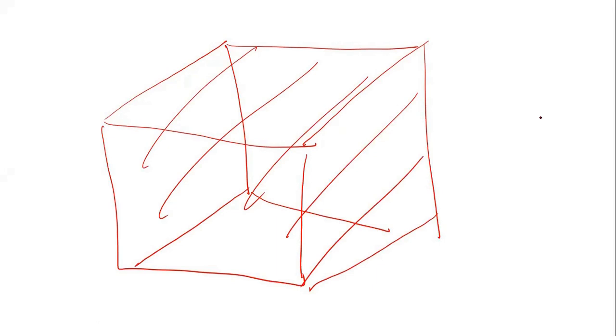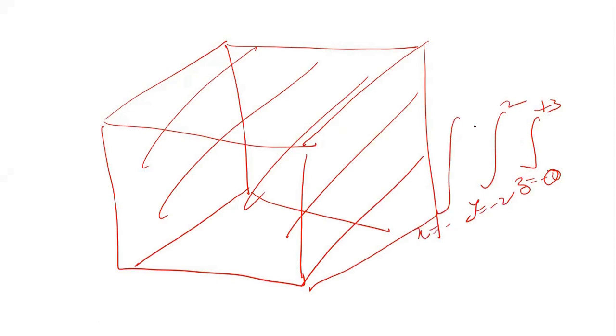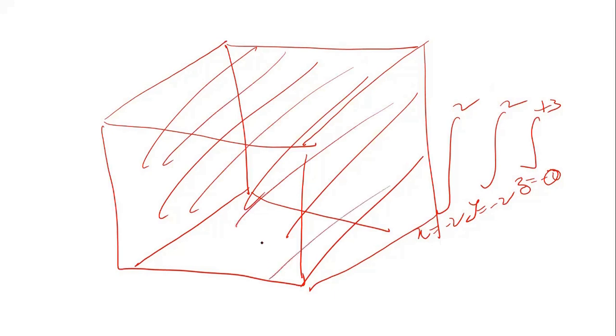So this is what we will achieve if you take the limit of z from 0 to +3, limit of y from -2 to +2, limit of x from -2 to +2. This is what we will achieve. So we will not be integrating over the volume enclosed by the cylinder. We will be integrating over the volume enclosed by this rectangular block.